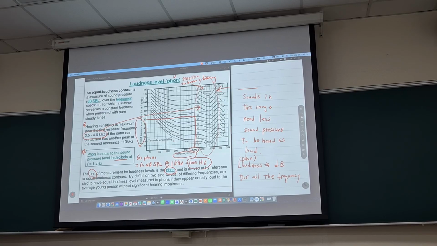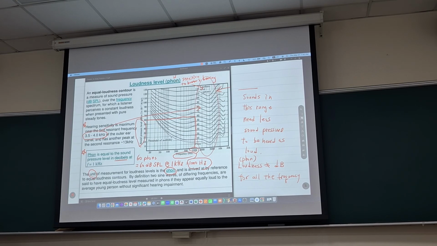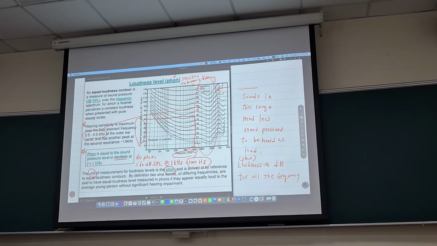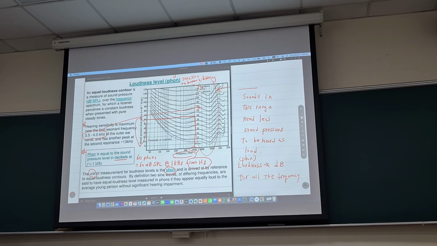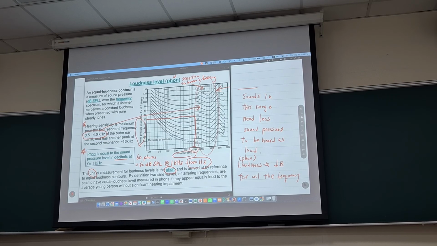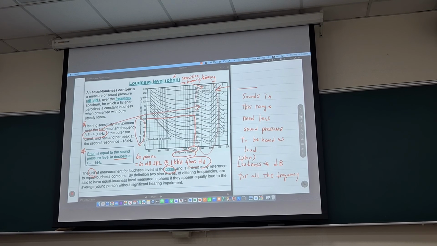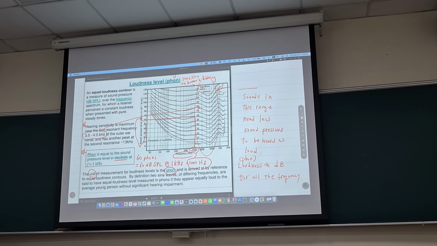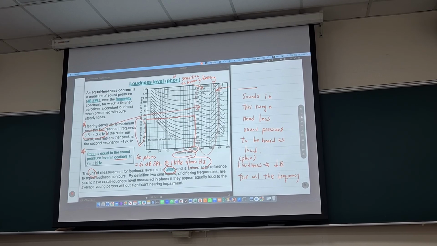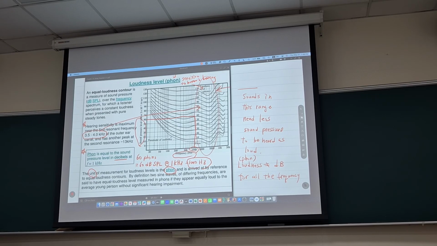Okay. So here I describe one thing: loudness level and sound pressure decibel are only equal at 1,000 hertz. For example, if you just use 500 hertz, it is around here.